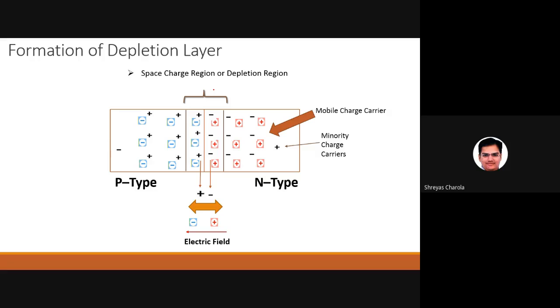Because that junction doesn't have extra electrons and extra holes. What it has is just a space in between which separates the p type and the n type. These electrons cannot go over here and these holes cannot come over here because there is a junction in between.